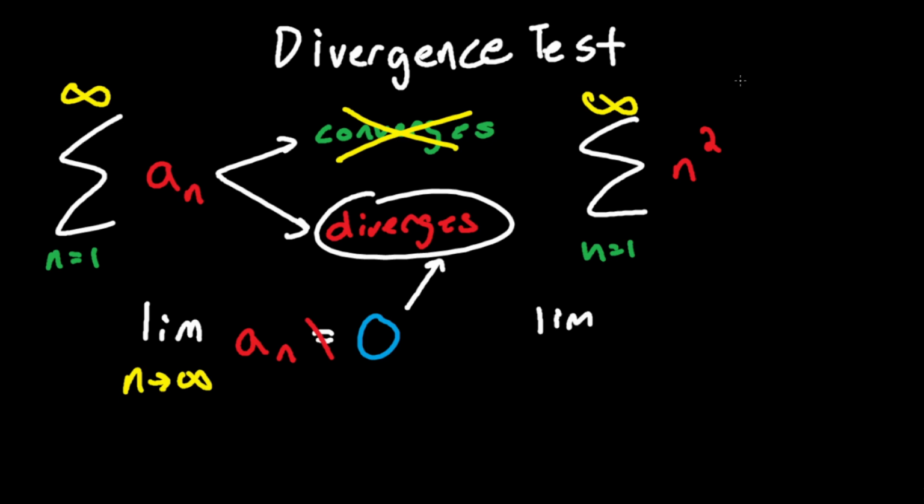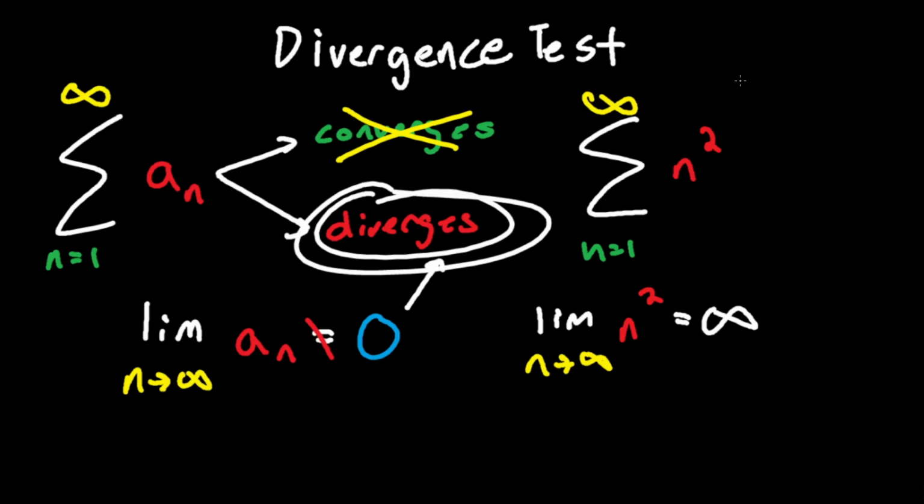So let's take the limit as n approaches infinity of n squared. If you directly plug in infinity into n, you get infinity squared, which is plain old infinity, right? Infinity squared is still equal to infinity. So since this does not equal 0, your series diverges.